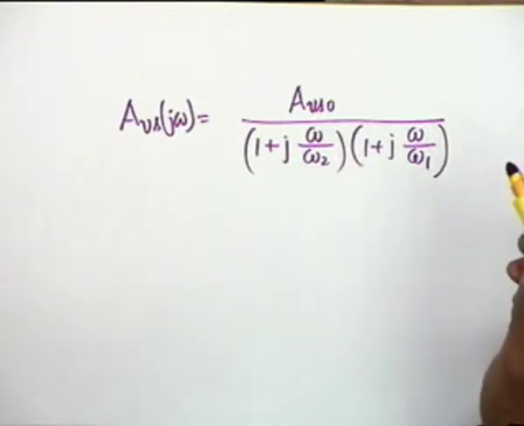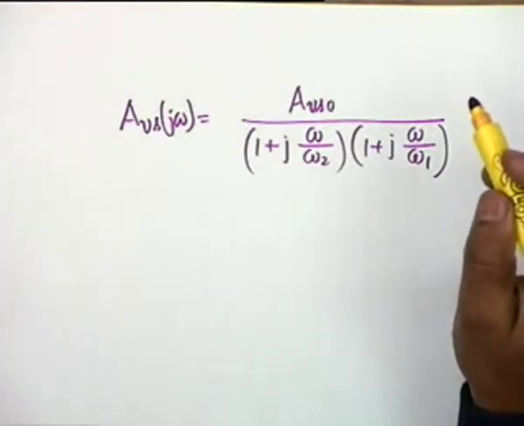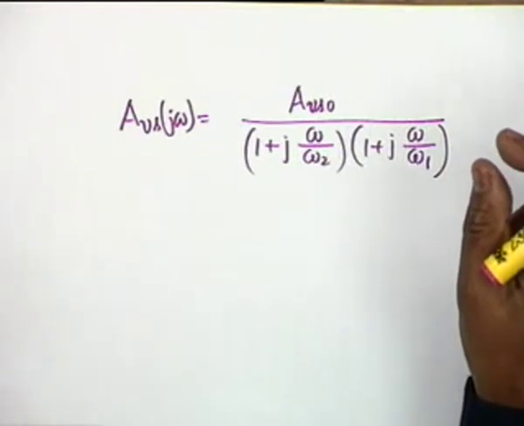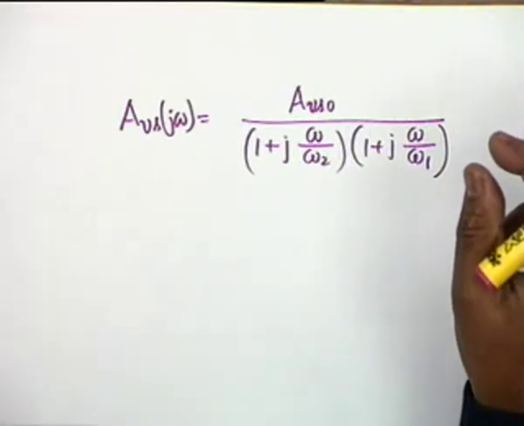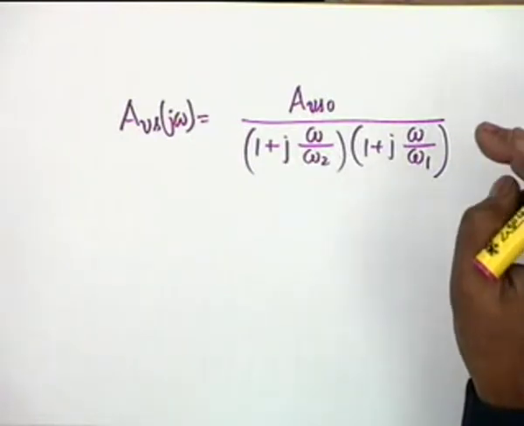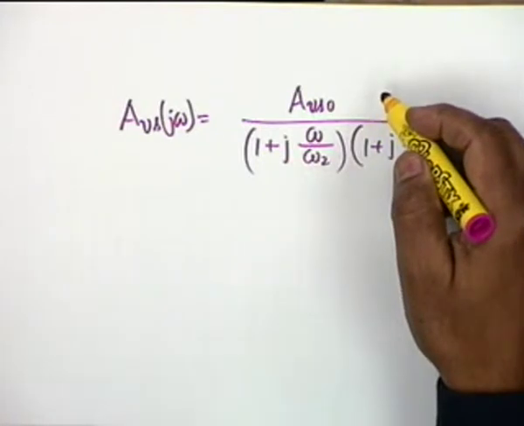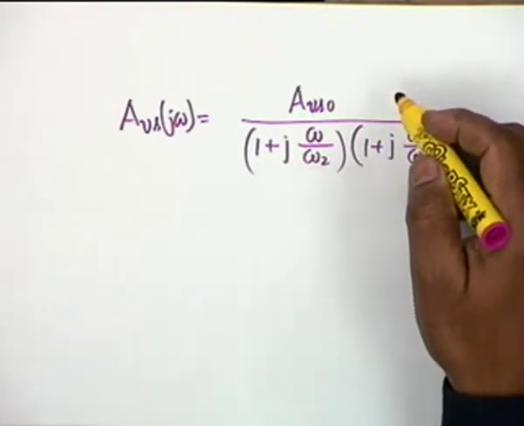Now we shall show, okay, you see that there are 3 such factors, 1 plus j omega by some constant, or 1 minus j, actually in the numerator it was 1 minus j omega by omega 3, isn't that right?